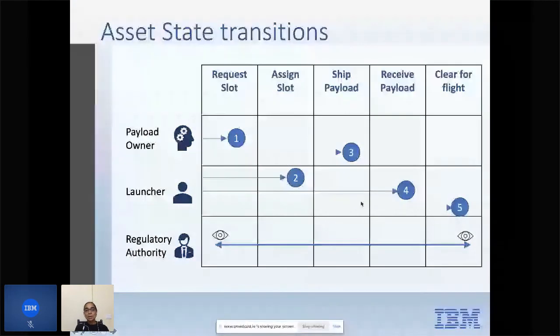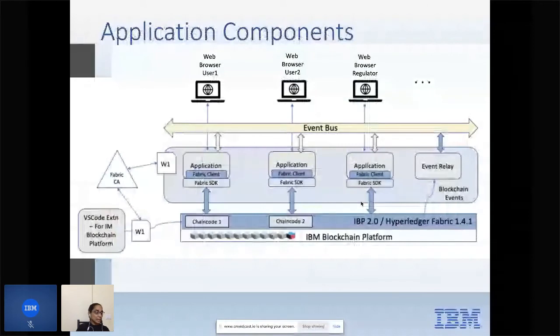So that said, let us see what application components we are going to see. To begin with, we have Hyperledger Fabric, which is the open source platform that we start with. IBM Blockchain platform is built on top of it. The middle layer is the client, called server in the GitHub repository that is referred here.